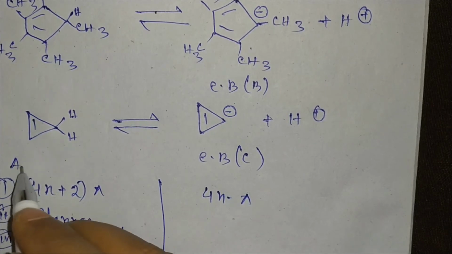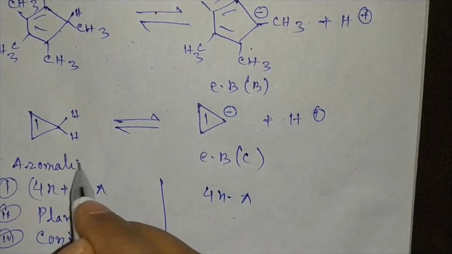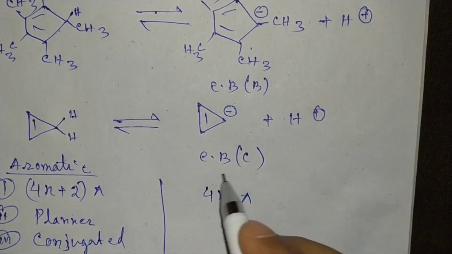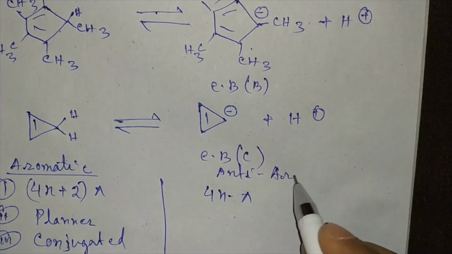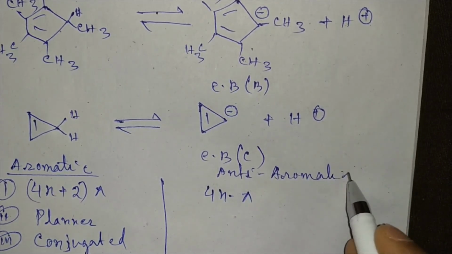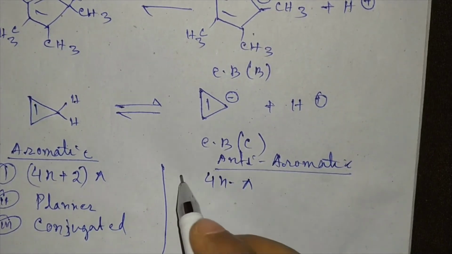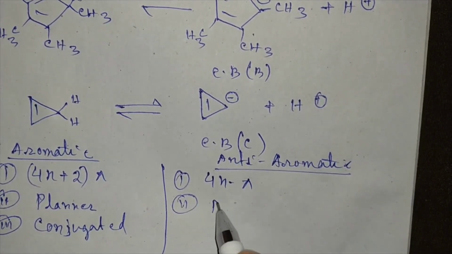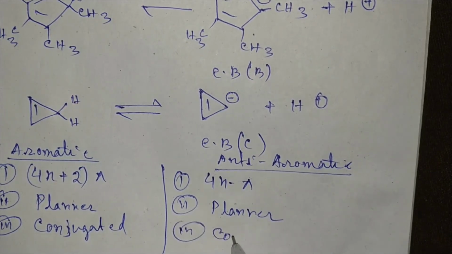This is the condition for an aromatic compound, and this is for anti-aromatic: 4n pi electrons will be there, it will be planar, and conjugated.